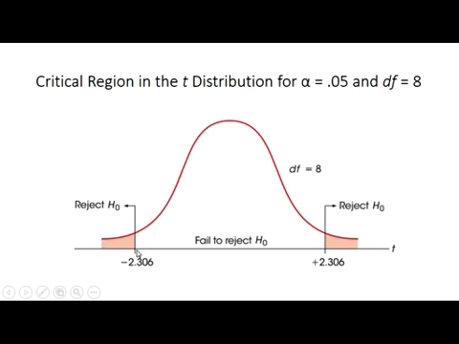If I get a t-statistic that's between negative 2.306 and positive 2.306, if it falls between those two scores, then I have to fail to reject my null hypothesis. So this score and lower, this score and higher, I'll reject. Anything in between, I fail to reject.